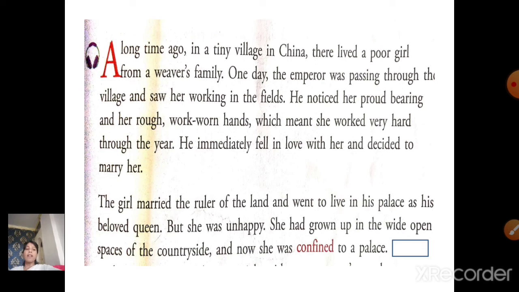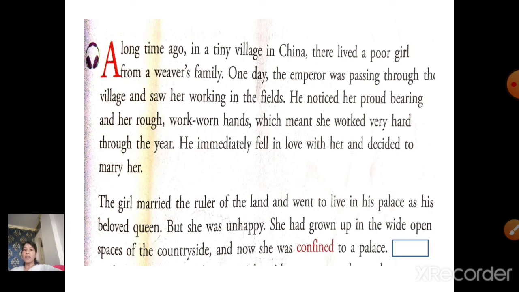The emperor fell in love with this girl and he decided to marry her. The girl married the emperor and came to live with him in his palace. In spite of all the luxuries she had, she was not happy because she had spent her childhood in wide open spaces in her village, surrounded by greenery. And now she had to stay inside the palace.